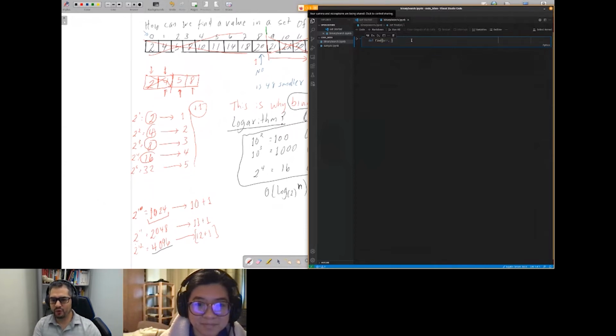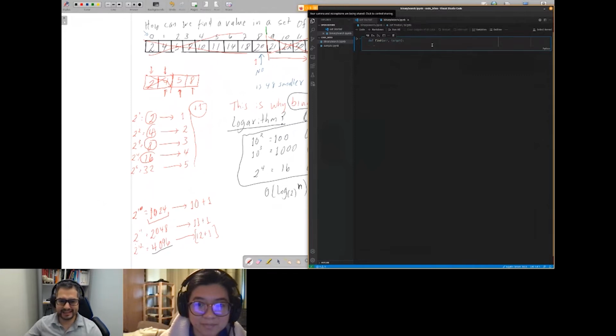When we want to find an element in an array, we are going to look inside an array. So I give my function an array and the target, telling Python that I want to find a value in the array.